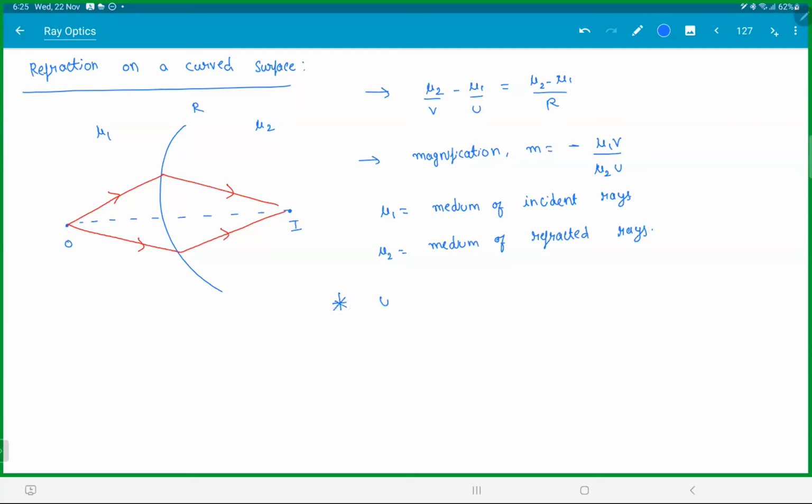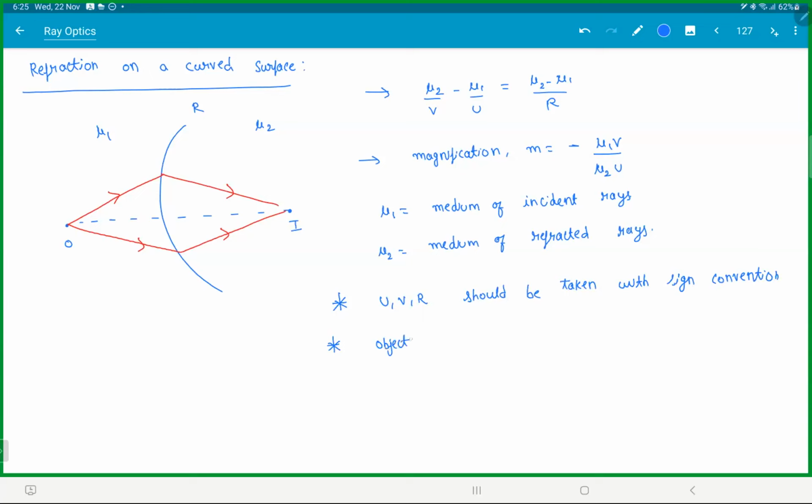Again, remember, u, v, and R should be taken with sign convention. It's the same sign convention we used before. And remember, object should be on the principal axis.